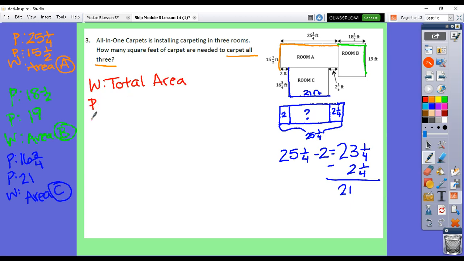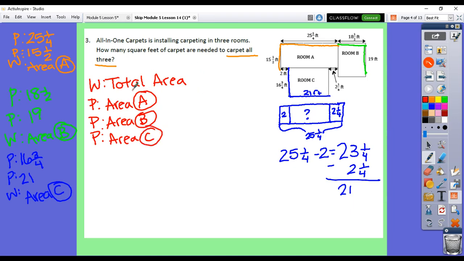And the parts for this would be the area of room A, area of room B, and the area of room C.